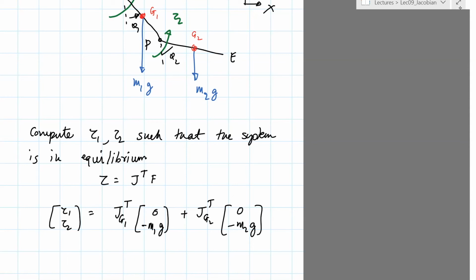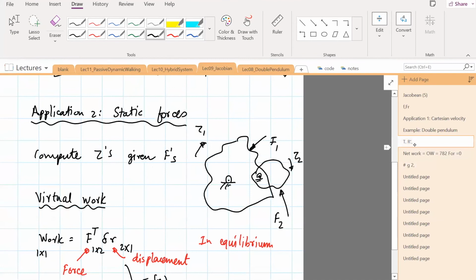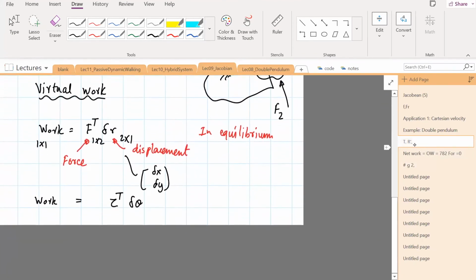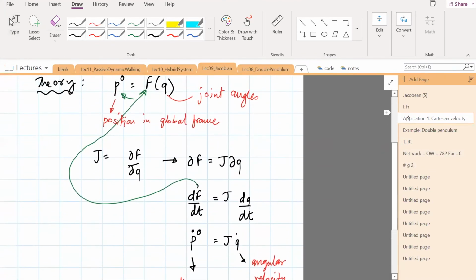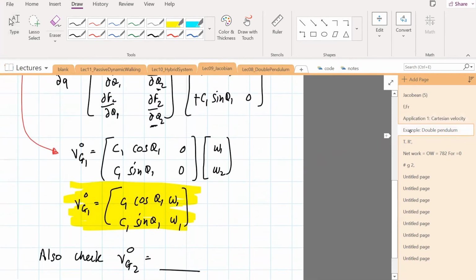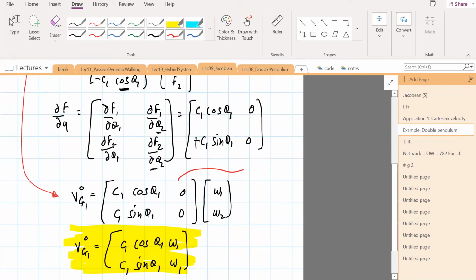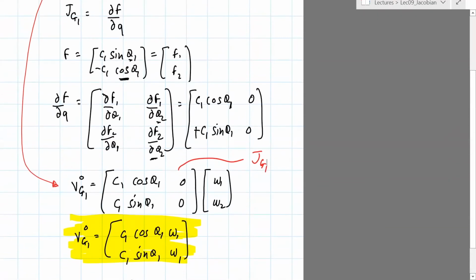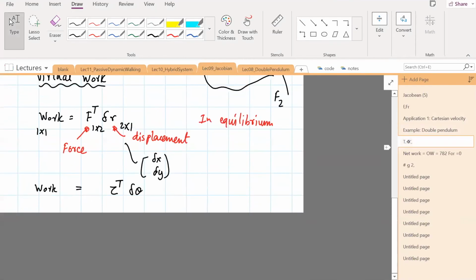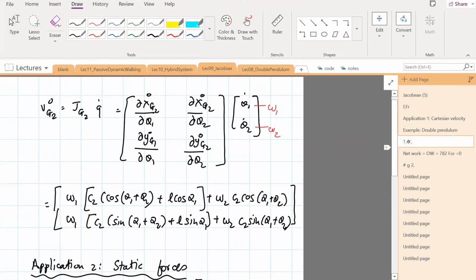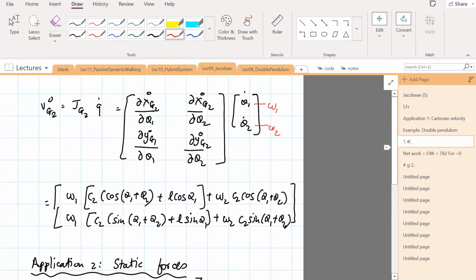Now, this is something I think I've done already over here. This is JG1. I computed the velocity of G1 by using JG1, so that's already computed.